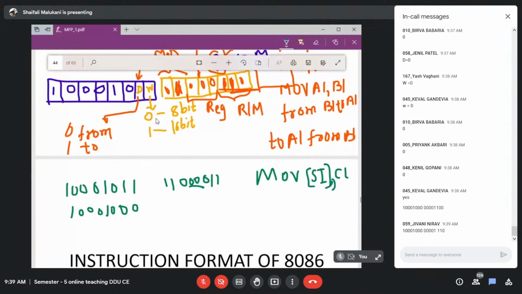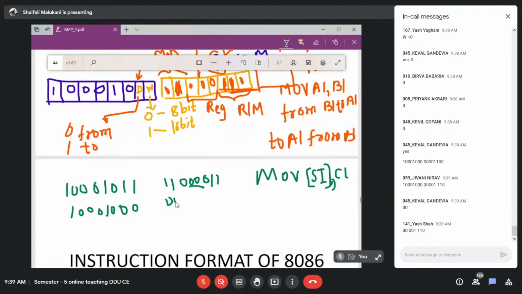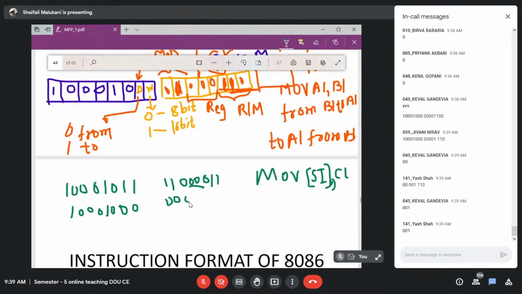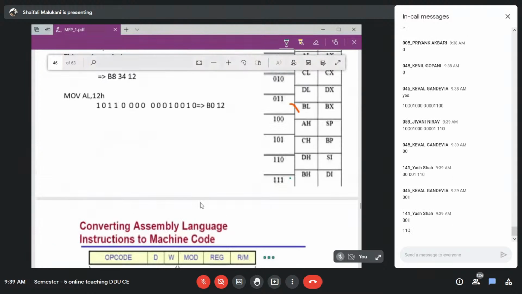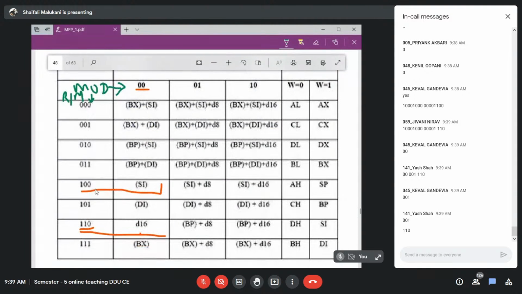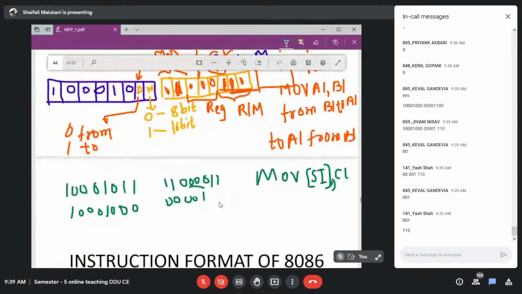Okay. What about the mode that you opted for? Yes, all of you have taken 0 0. It was a 0 0 mode. Yes, true. Then you have to specify CL, whatever the code for CL is. Code for CL is 0 0 1. Yes, it is 0 0 1. True. And what about this, SI? For that, SI is indicated by 100. So we will write here 100, right? So your answer is correct here.